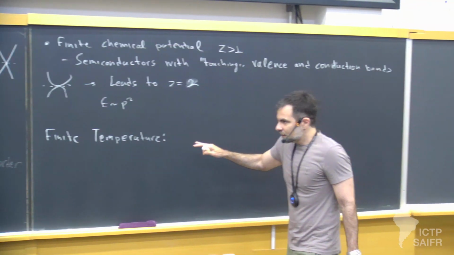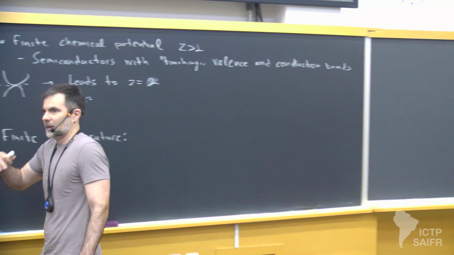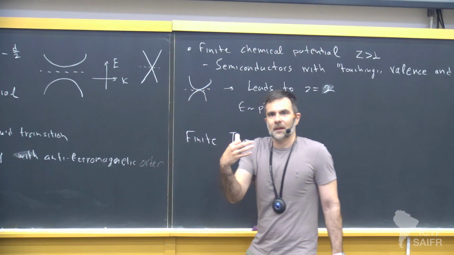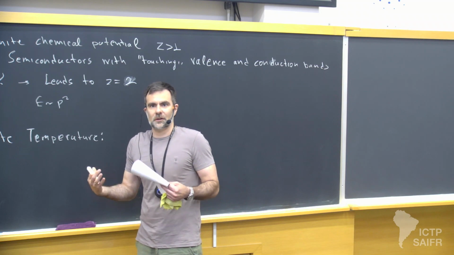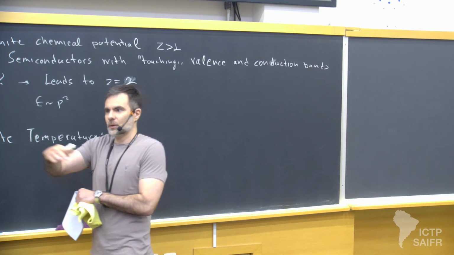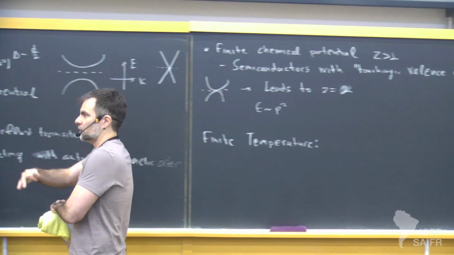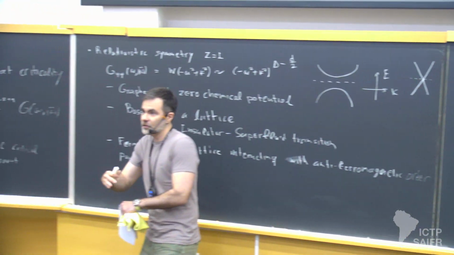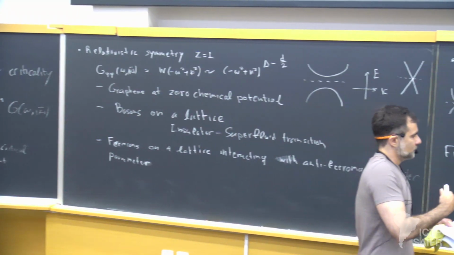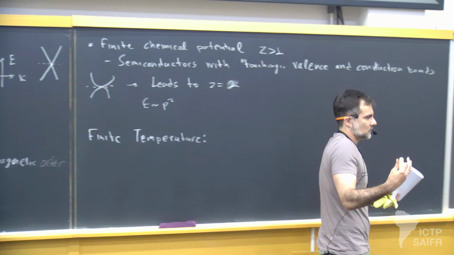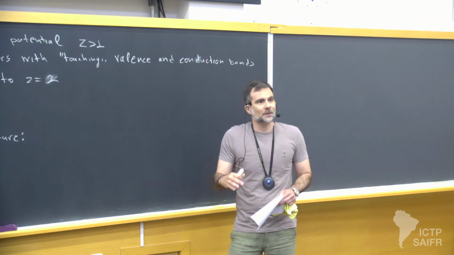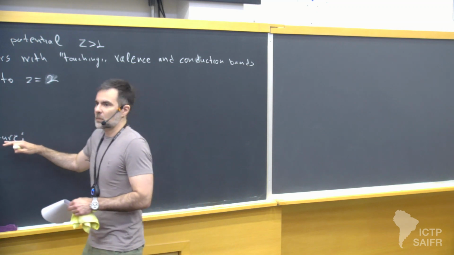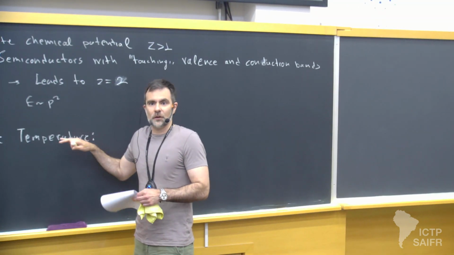Now, at finite temperature, if you are not at too low temperatures, things are more universal. Okay, so there is a temperature which kind of separates you from whatever the ground state of the system is.